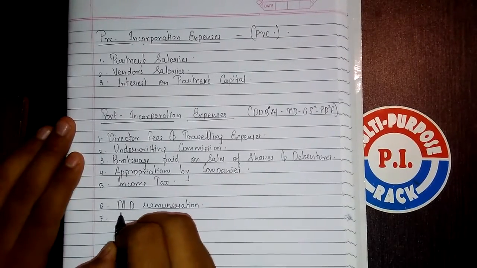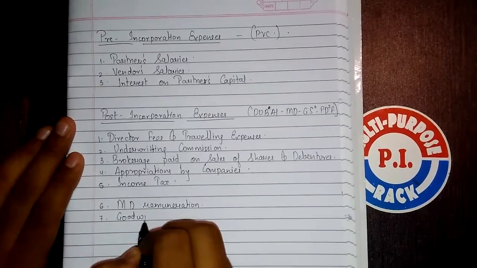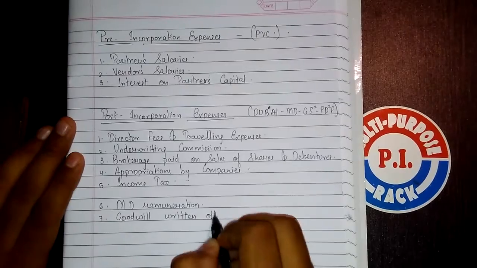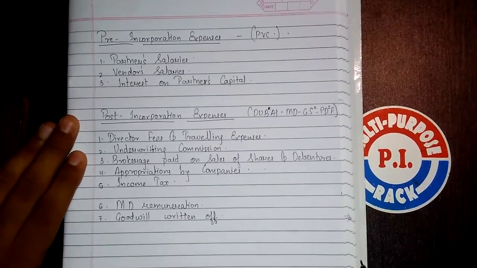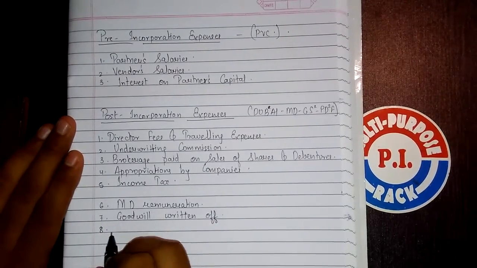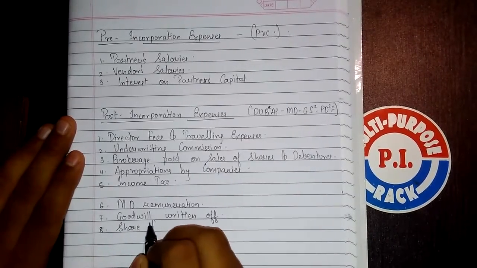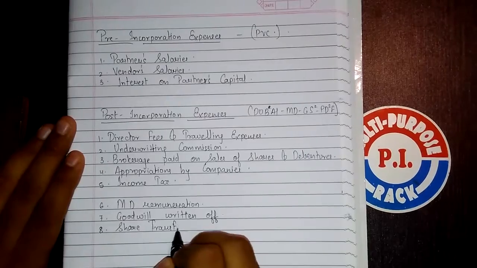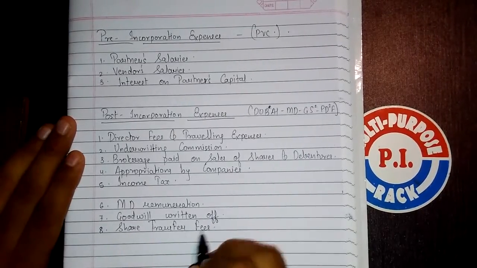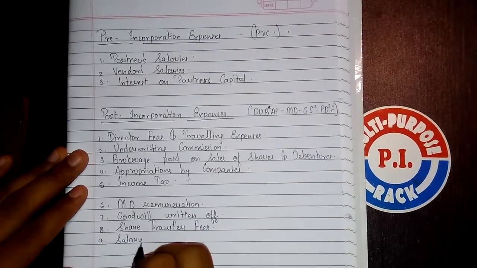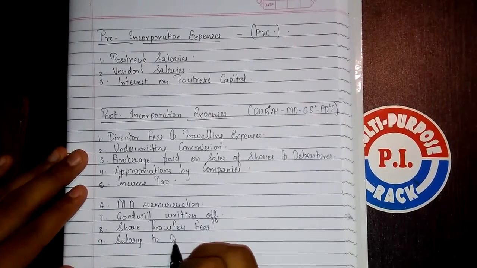Seventh is goodwill written off. Eighth is shares transfer fees. Ninth, salary to directors.